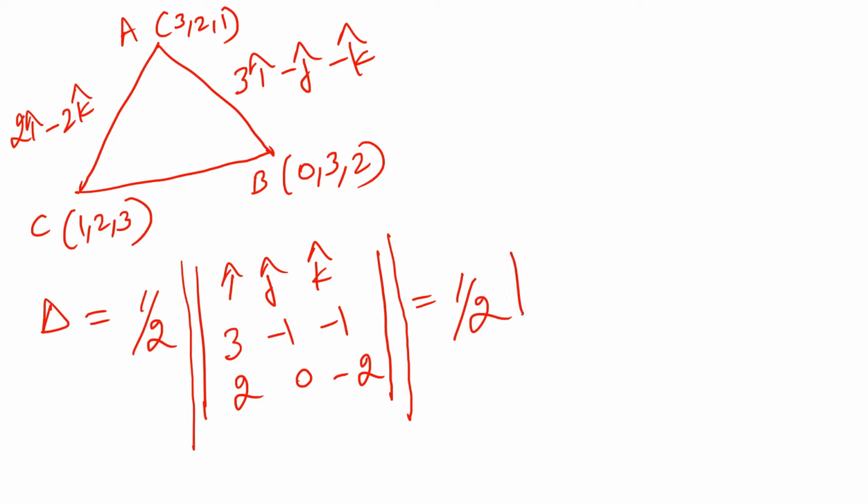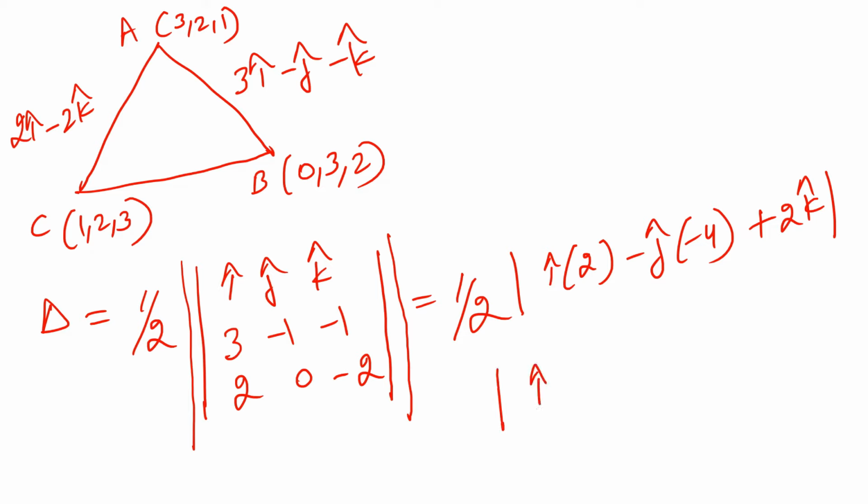So half modulus of the vector which we are going to get, let's just expand this determinant along the first row, then it is going to be i into 2, then minus j into minus 4, then plus 2k, right? So it becomes, I'm just taking out 2 common, so it becomes modulus of i plus 2j plus k, right?